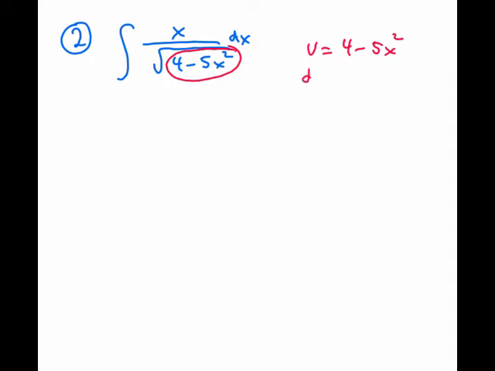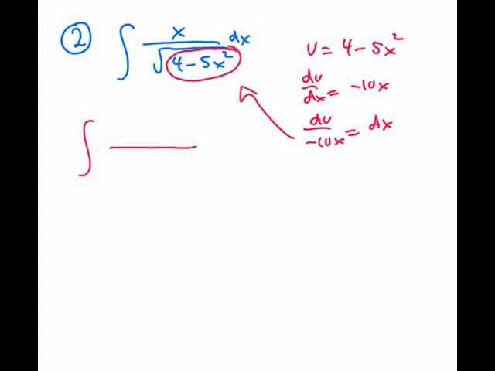So du with respect to x is going to be negative 10x. Alright, we're going to isolate for dx, so du over negative 10x is dx. I'm going to come back in here and do replacements. I'm going to leave the x above as it is.